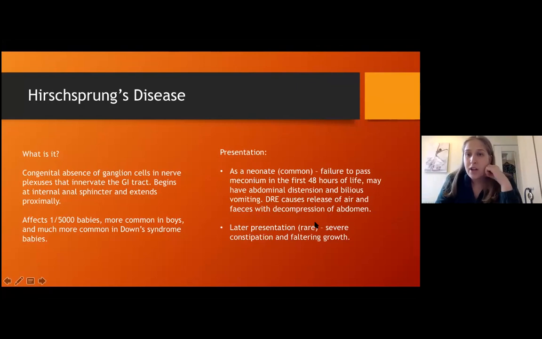On examination, a DRE would cause a release of air and faeces because it would decompress the bowel. It can actually present later, so it might not be picked up quite as young, as just severe constipation and faltering growth, but generally you would notice it in the first 48 hours of life.